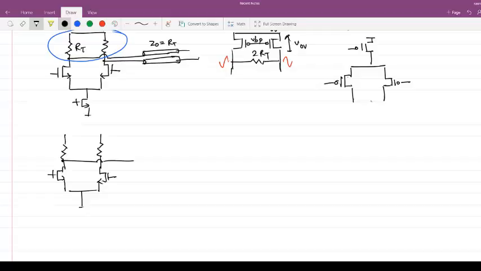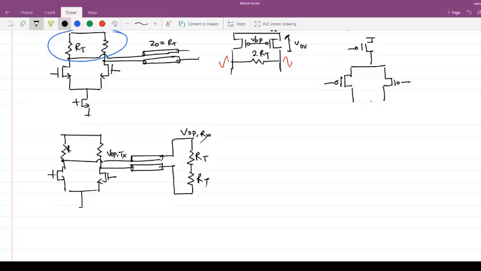Let's say you have a channel, and in place of connecting it to any VDD, you connect it with itself. So this is both RT and RT. You can say these output nodes are VOP TX and this will be VOP RX. In this case, you do not have any bias current flowing through the channel because they are connected between the same output common mode.